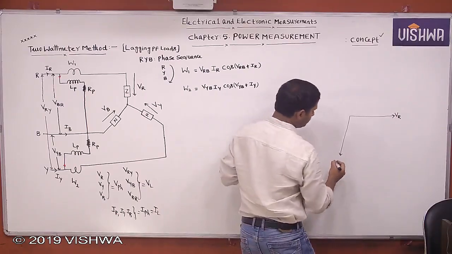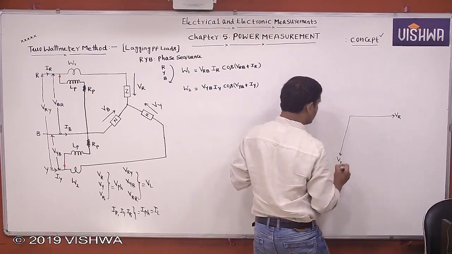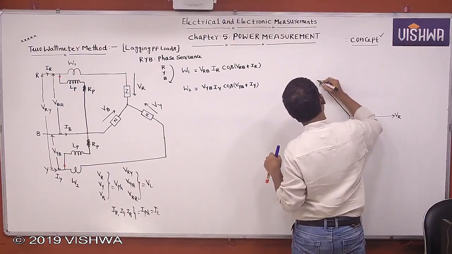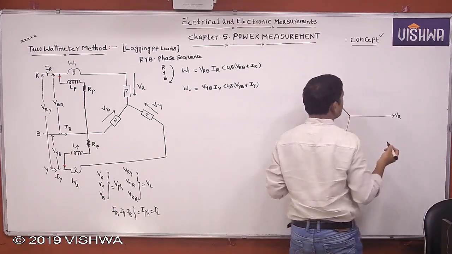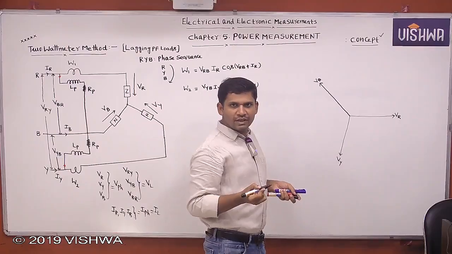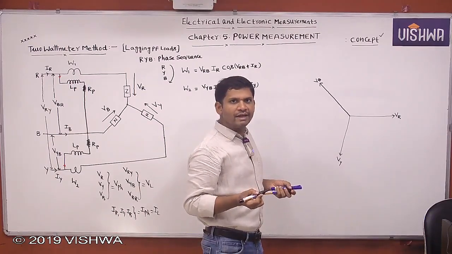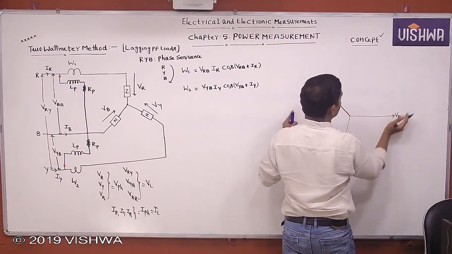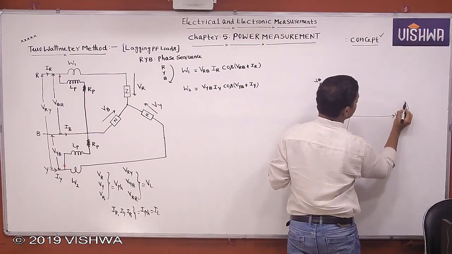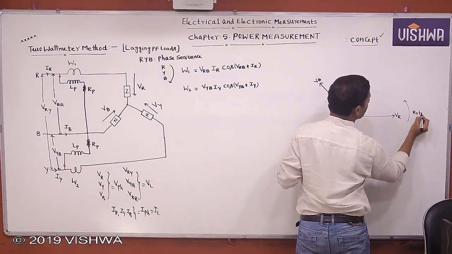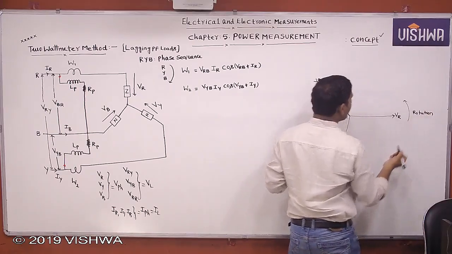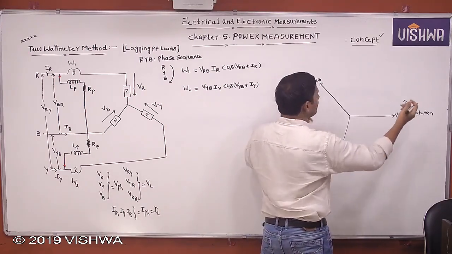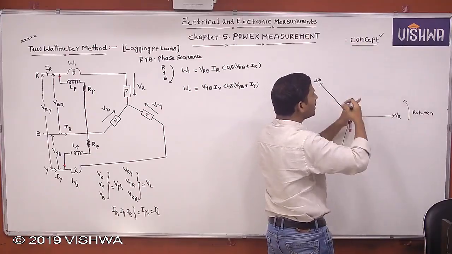This is VY. And this one is VB. The phase sequence is clockwise, but the vector rotation is anti-clockwise, that you know. If the vector rotation is in anti-clockwise direction, first R, next Y, next B, that is the R, Y, B phase sequence.